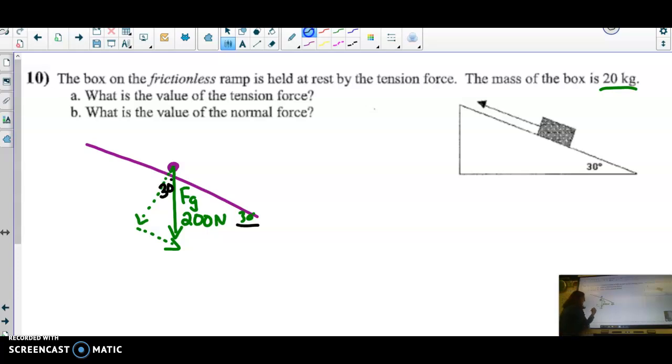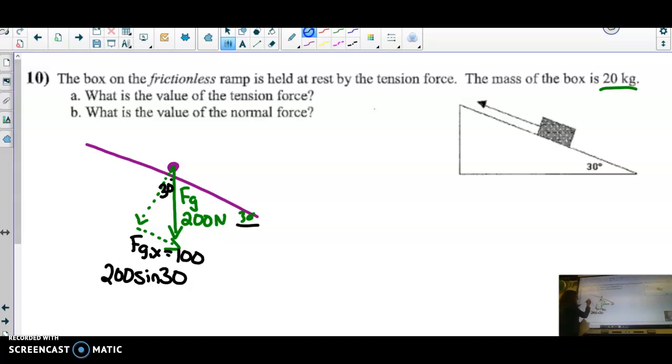So this side, which I would call FGY, because it's the, this is FGX, excuse me. This is the x part, because this is the x direction. In order to get this answer, we would do 200 times the sine of 30, because it's opposite of the 30. So when I did that calculation, I got 100 newtons.